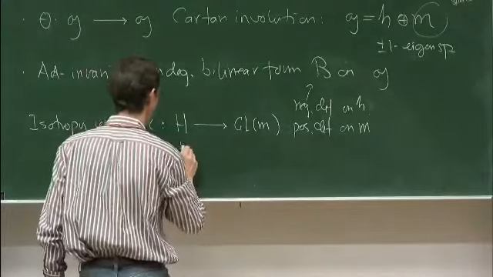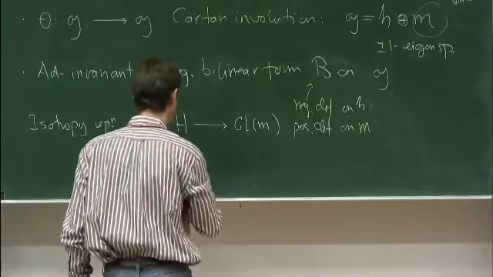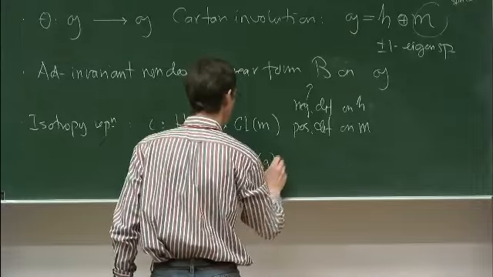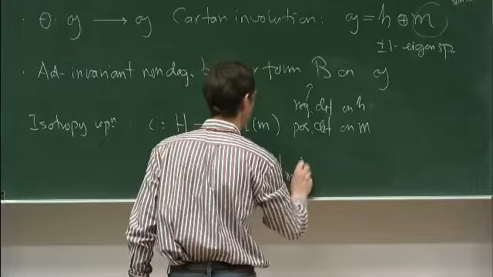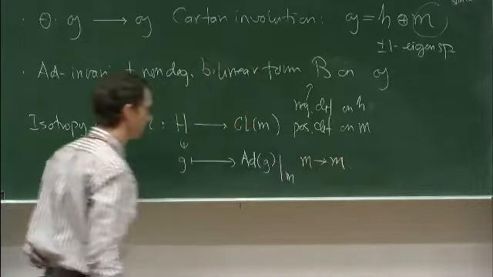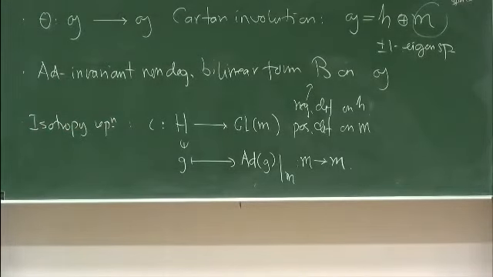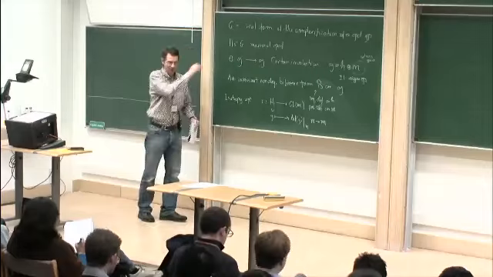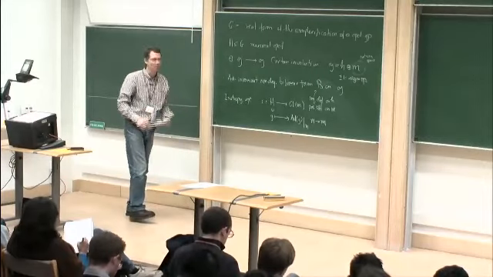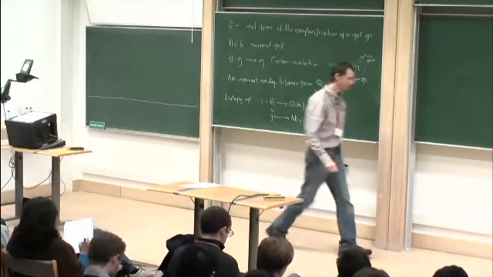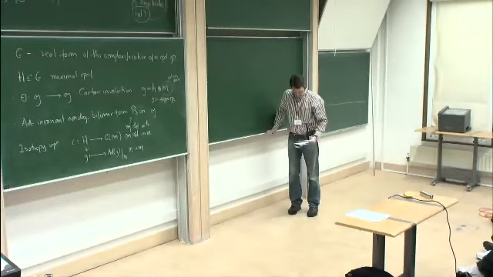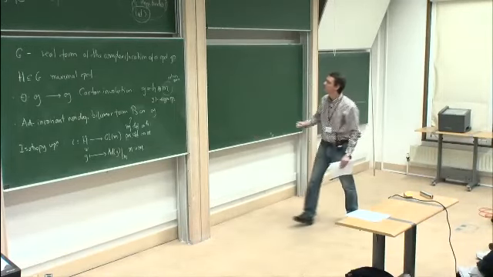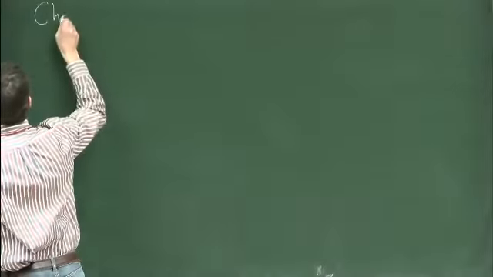If I take an element h in H, I take the adjoint action of h and restrict it to M, and that's a map from M to M. This is the general data I need. I won't need all of it right away, but at various stages I'll need all these pieces of information about my group. The next thing I want to introduce is the character variety.